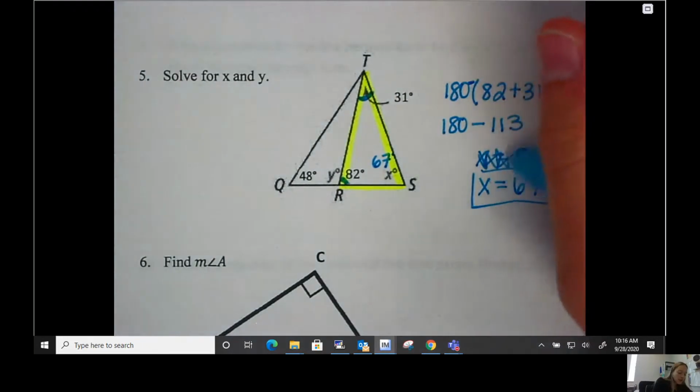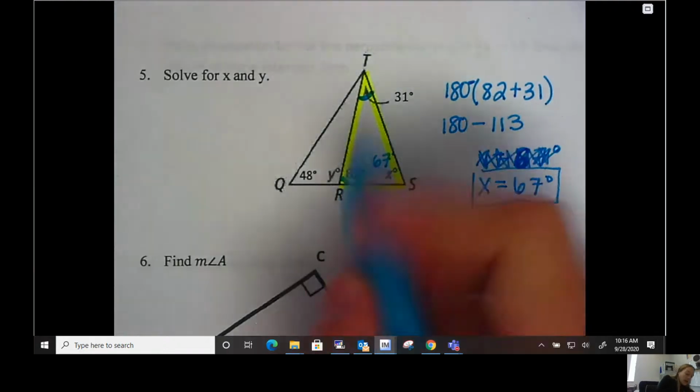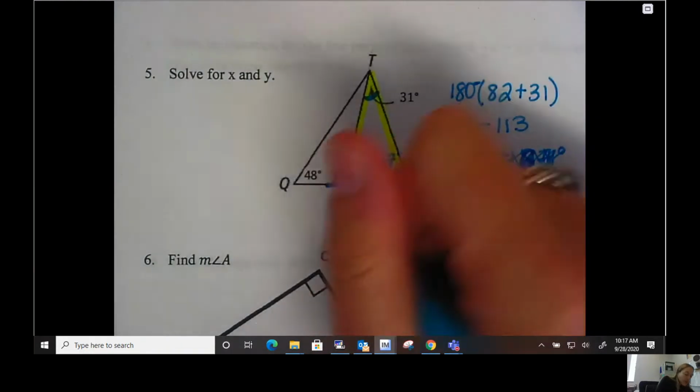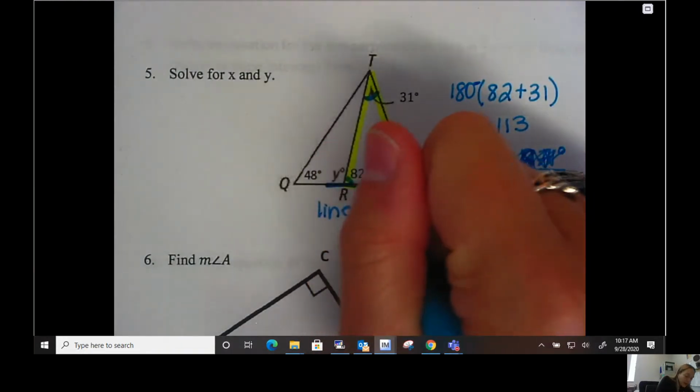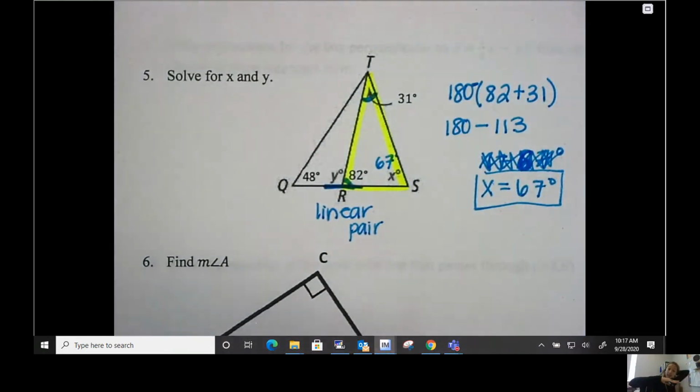Now the other one I need to figure out is this y value right over here. The y and this 82 degrees, when I put them together, make a straight line. These two angles are a linear pair, and a linear pair means if I add them together, I should get a straight line. A straight line is 180 degrees.